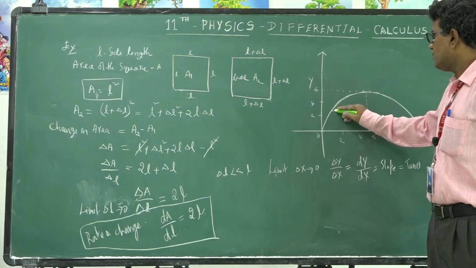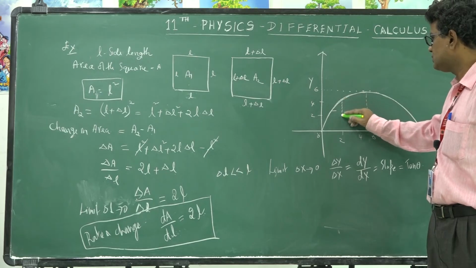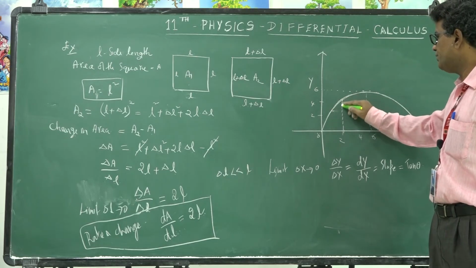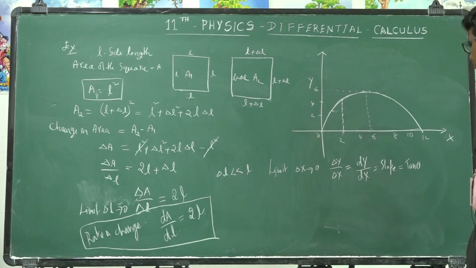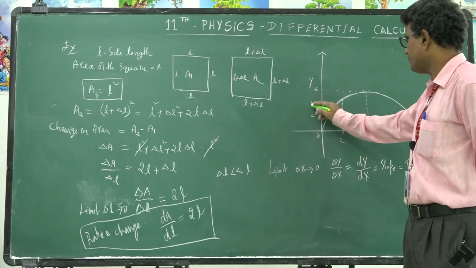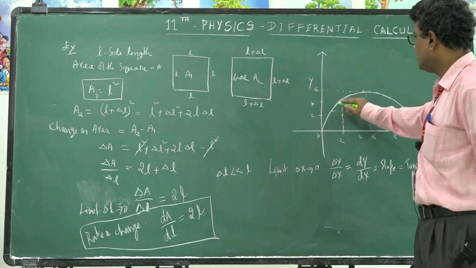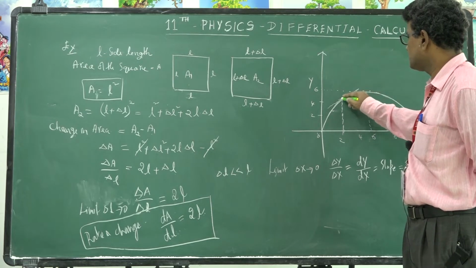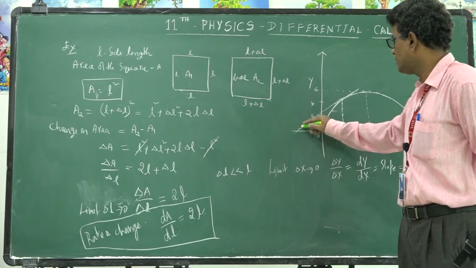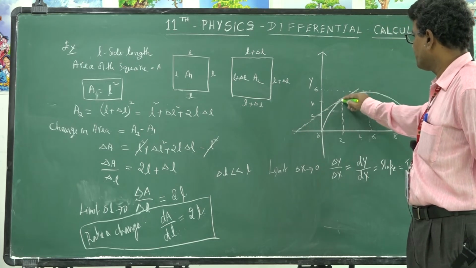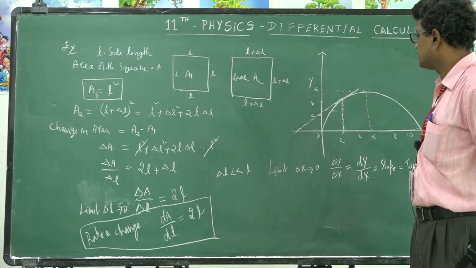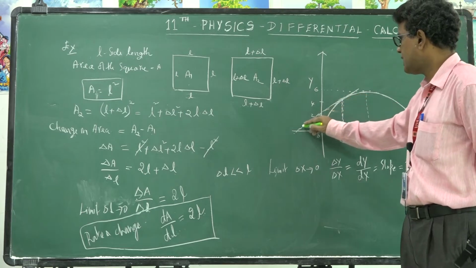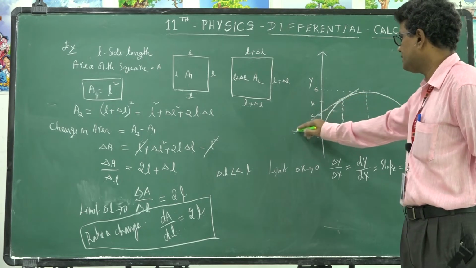Now suppose you want the differential coefficient of this y at x equal to 2. You draw the slope at this particular point. This angle indicates the tan theta value.